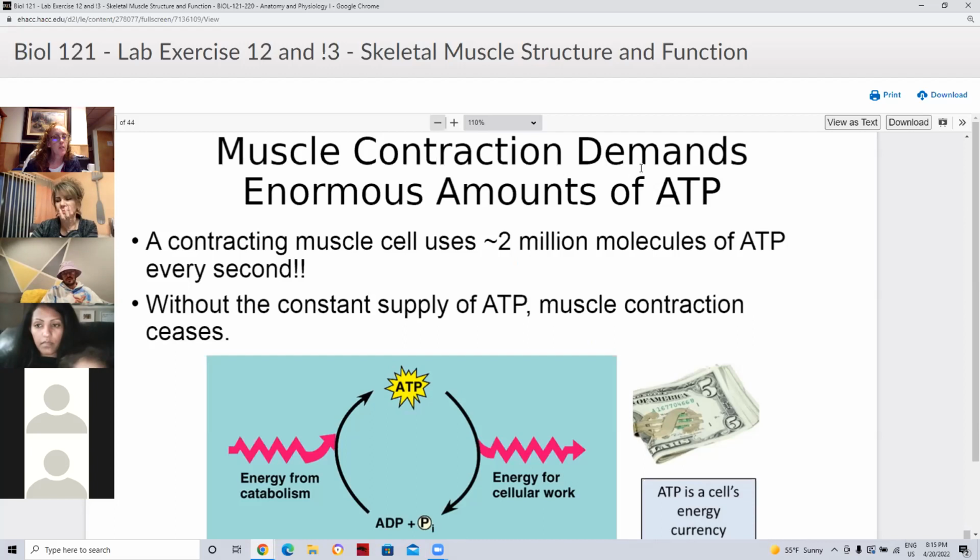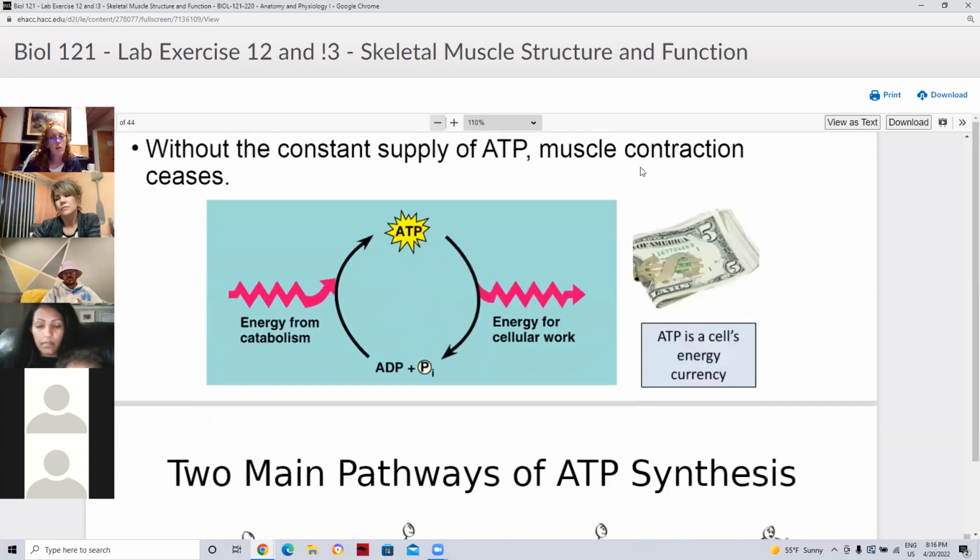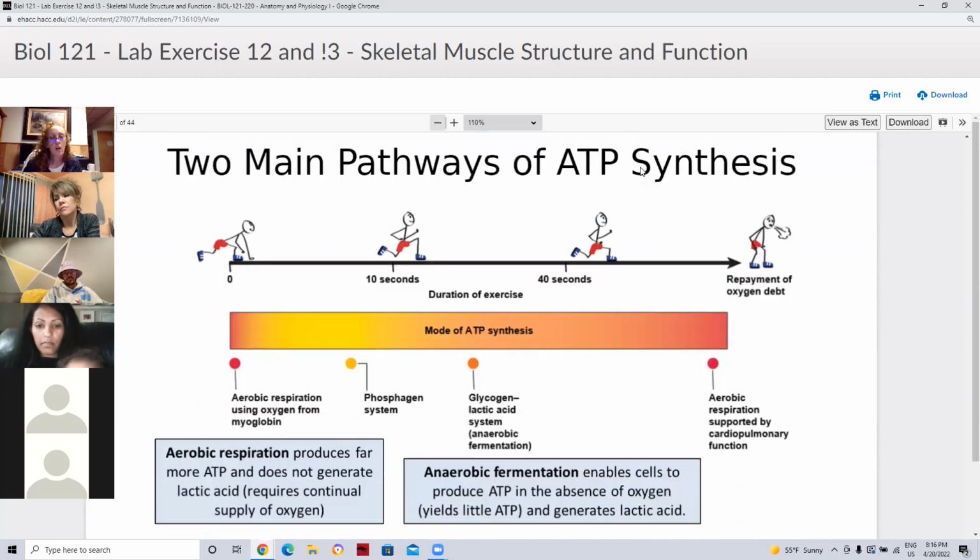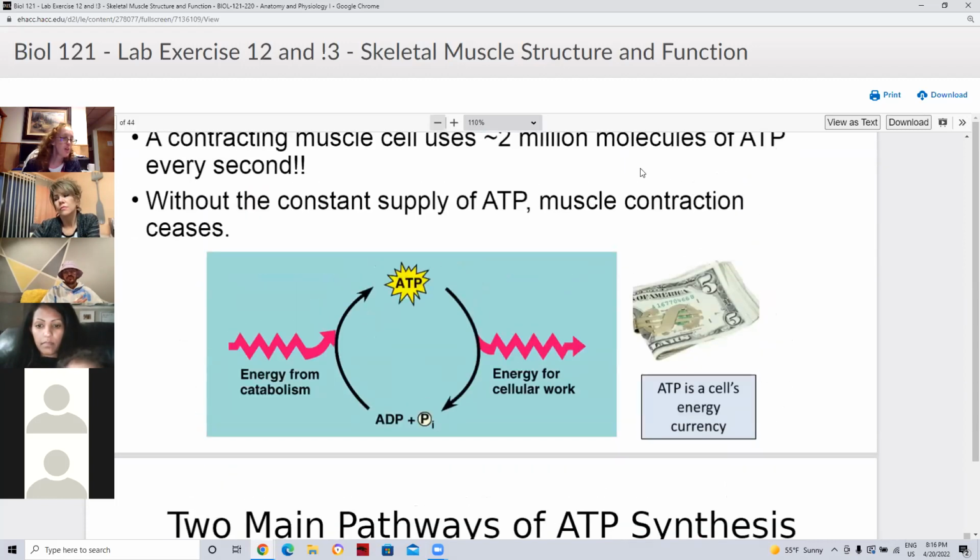If you remember from that video, the myosin is stuck to the actin until another ATP binds. The reason you get rigor mortis, and we'll talk about this next week, is because ATP production stops and the myosin is stuck to the actin in a stiff, contracted position.